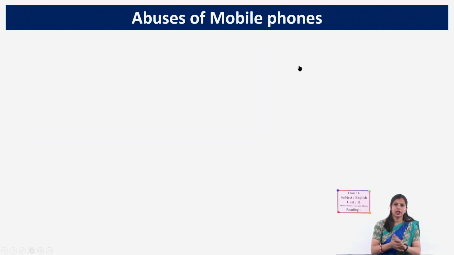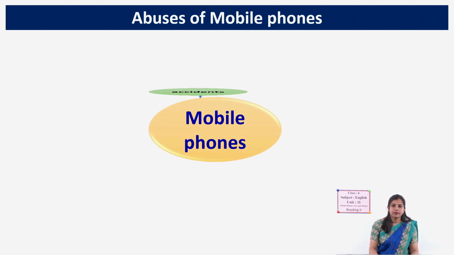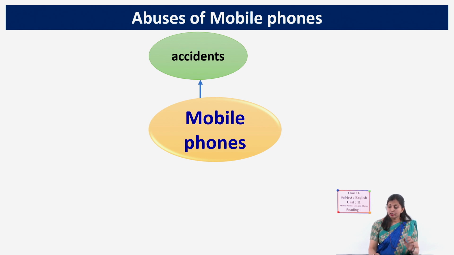Okay. So, now the abuses. Actually, mobile phone does not have abuse, I have told you. We use the mobile phone in a way that harms us. How can it harm us? What are the abuses then? Accidents, yes, talking on phone and then driving leads to accidents.